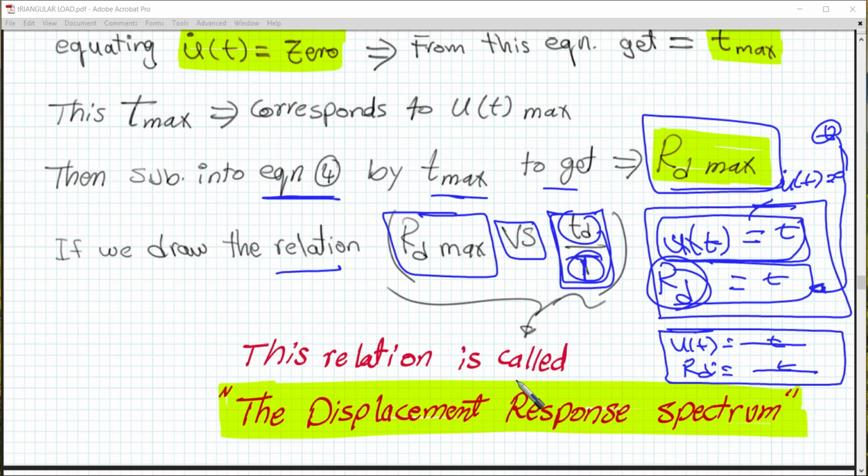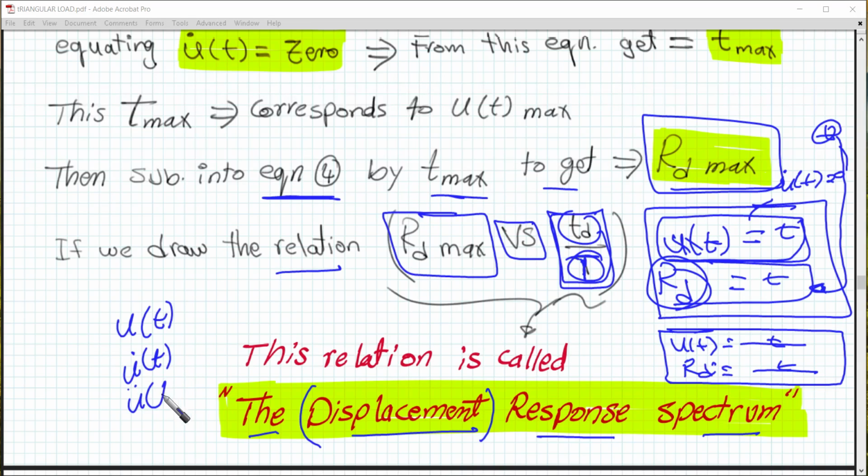this relation is called the displacement response spectrum. Why do we call it like this? Displacement, because we are talking about displacement, not velocity, not acceleration, up till now. So we're talking about u of t, not u dot of t and not u double dot of t. And this is response, displacement response, due to dynamic effect.